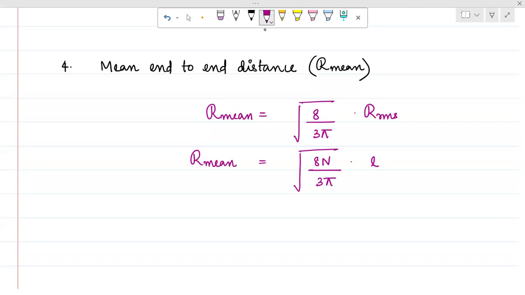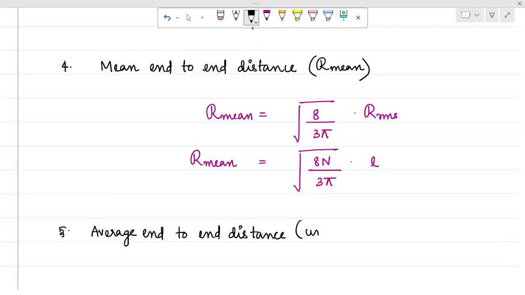Mean end-to-end distance. Now, a very similar term to this, which has already been asked, is something called average end-to-end distance, but there is a difference. Please note it down. Average end-to-end distance, and in brackets, in units of segment length.